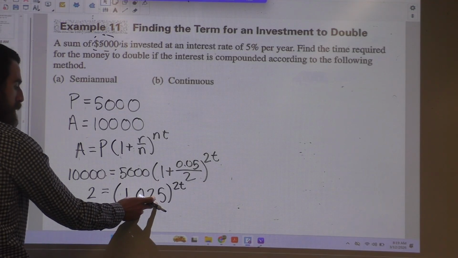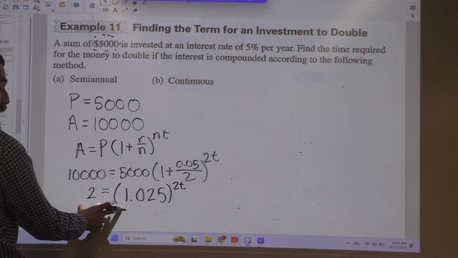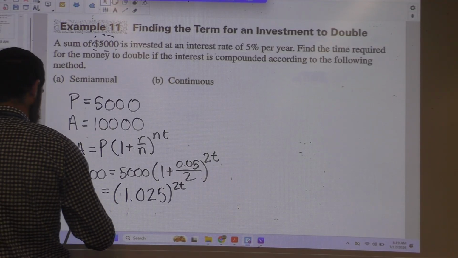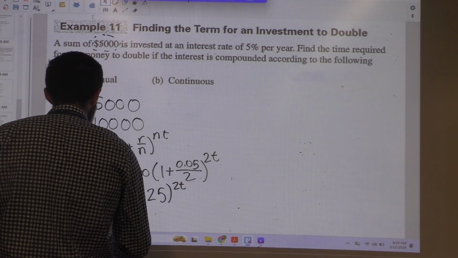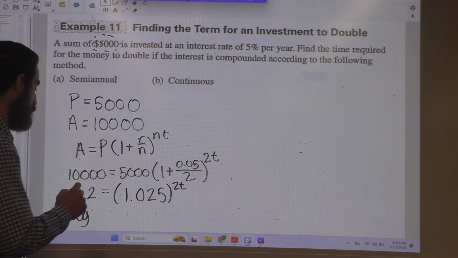Now, this is not a log equation. I'm not raising any number to the power of both sides. I'm using a logarithm, which I'll write out. But we have to think, how do I cancel out a base of 1.025? Well, the only thing that cancels out a base is the logarithm with that exact base.